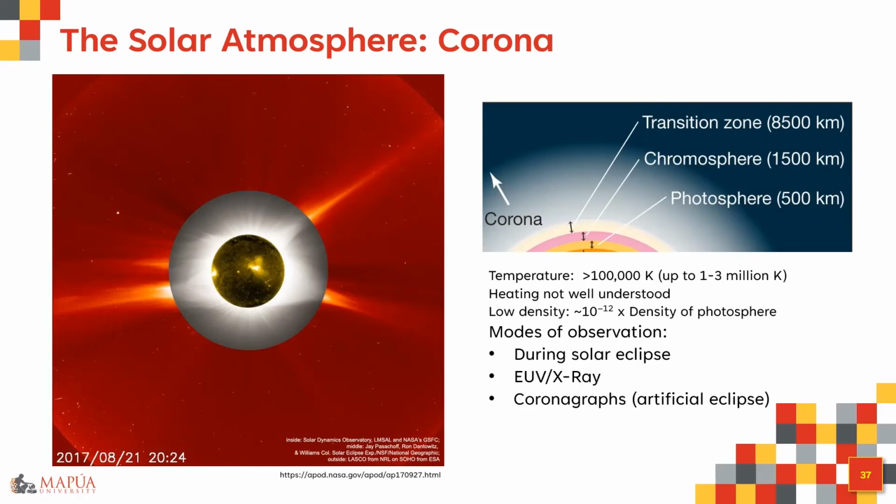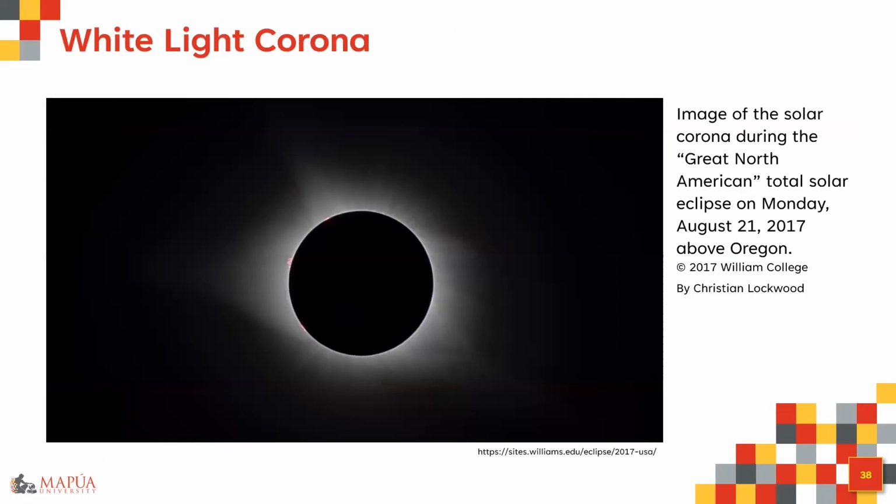And from here, you can actually see different features of the sun as well. So let's start with the white light corona, or an eclipse corona, or a corona brought about by an eclipse. So this is the image of the solar corona during the Great North American Total Solar Eclipse on Monday, August 21, 2017. This is above Oregon.